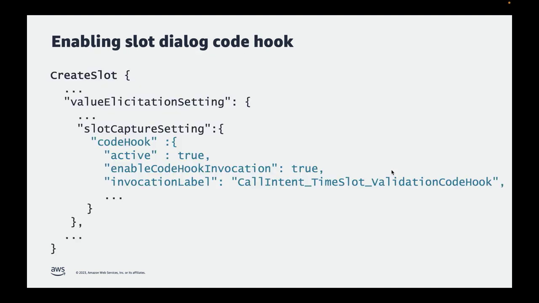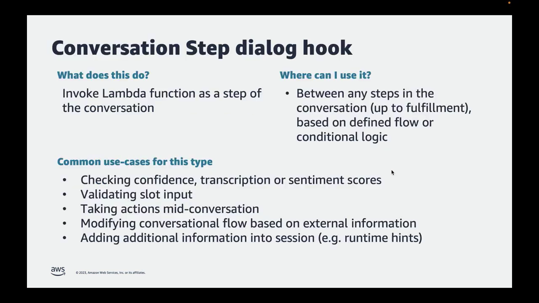And this particular one for create slot is within our slot capture settings. We just need to make our code hook active and enable our code hook invocation. And the types of things we would use this code hook for is to do things like check the confidence score or transcriptions or sentiment scores. That would be especially if we're using it at the entry to the intent before we do any data collection.